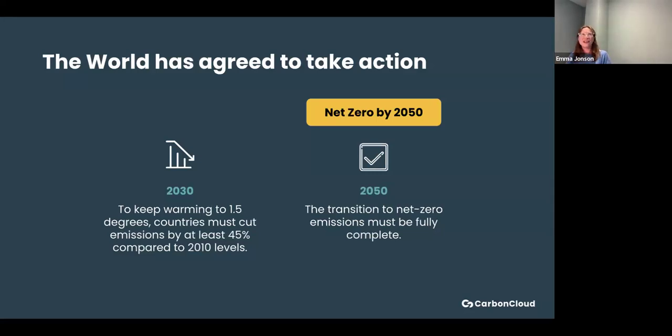Yes, so what happens now? So we have global warming happening. There is more to come. The world has agreed to take action. This has been formulated in different ways. One common ambition that has been put forward both by countries and groups of countries is the net zero ambition for 2050. And the exact interpretation can be a little bit different.